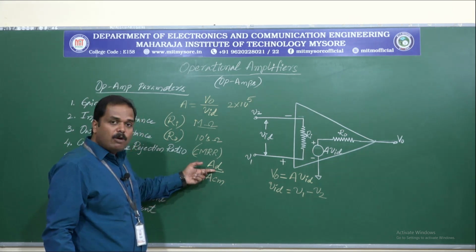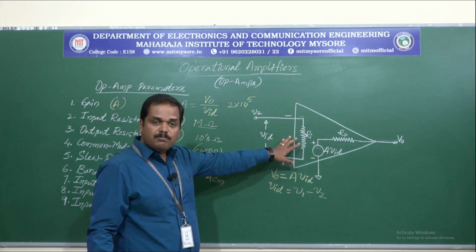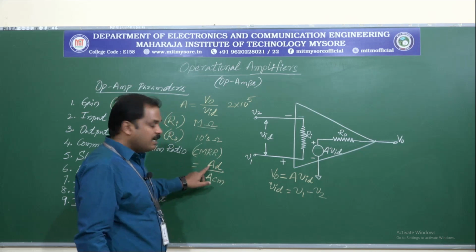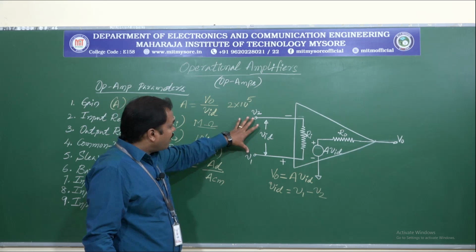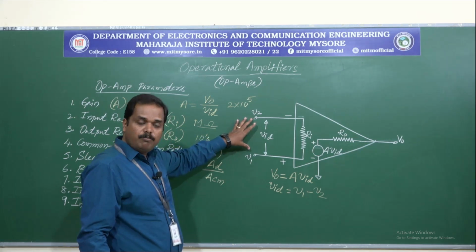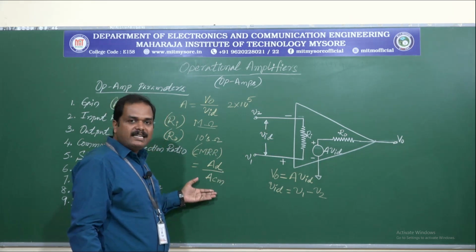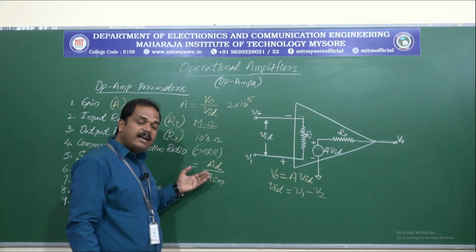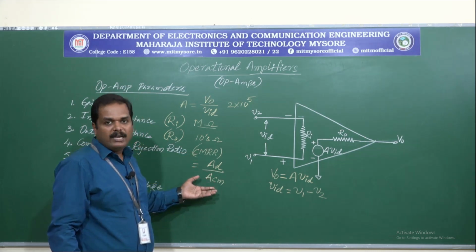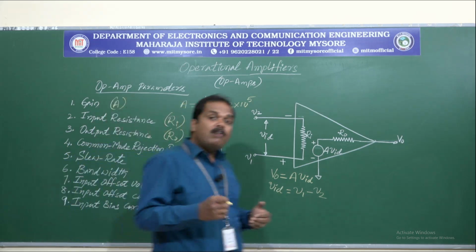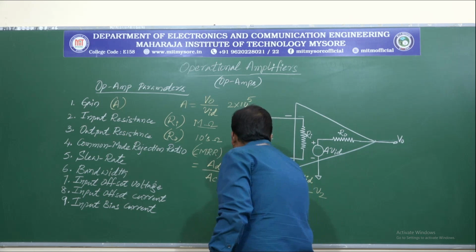When we have two different inputs connected, the gain that is being offered by the op-amp is called differential mode gain, whereas ACM is when we have connected a common signal to the input terminals, the gain that is being offered by the op-amp is called ACM. So the CMRR is defined as the ratio of the differential gain to the common mode gain. And the typical value of the CMRR is 90 dB.